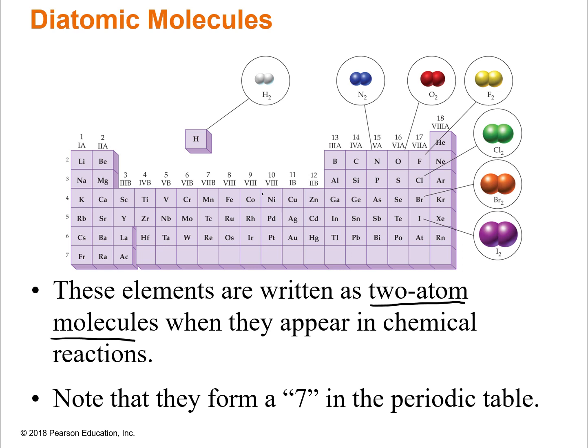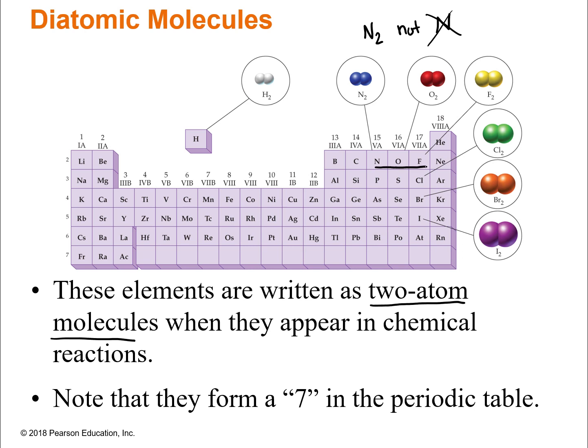But hydrogen, nitrogen, oxygen, fluorine, chlorine, bromine, and iodine, they are all diatomic molecules in nature. So when you're writing them in a reaction, you're always going to write N2, not just N. Okay, just writing N would be wrong.